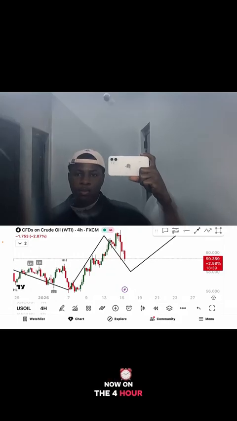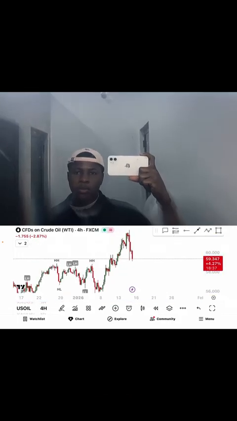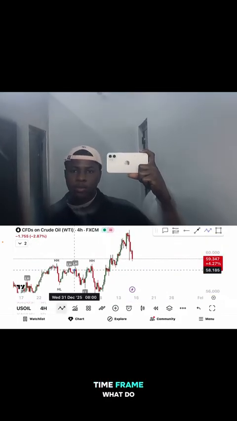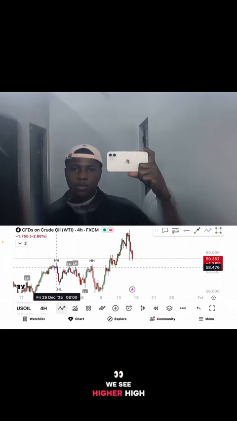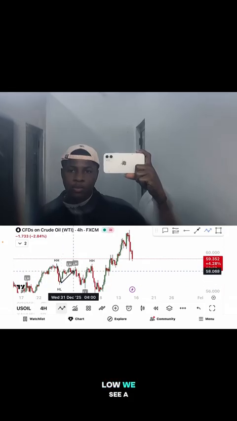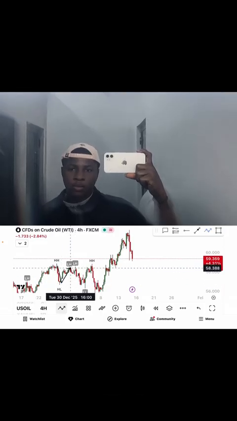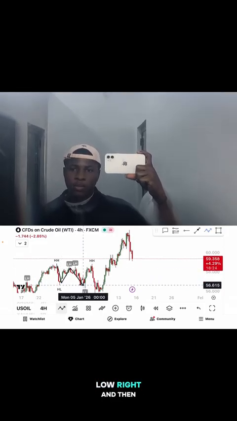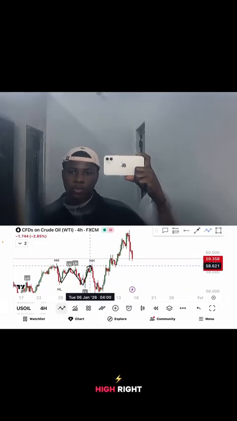Now on the 4-hour time frame, what do we see? We see a higher high being formed in the market. We see a higher low. We see a lower high. We see a lower low, right? And then we see a higher high, right?